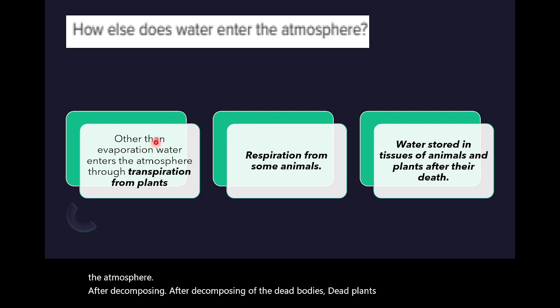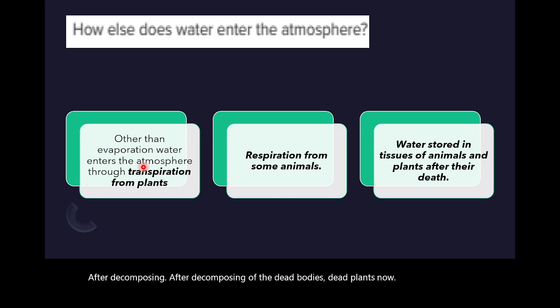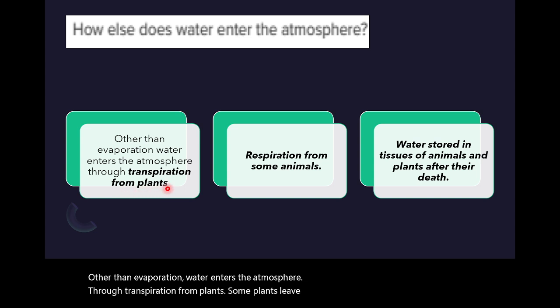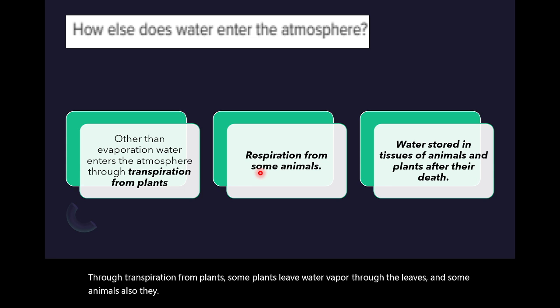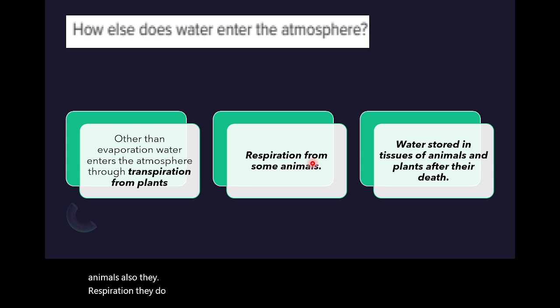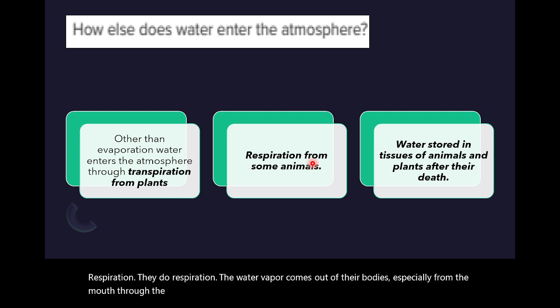Now, other than evaporation, water enters the atmosphere through transpiration from plants. Some plants release water vapor through the leaves, and some animals also do respiration. The water vapor comes out of their bodies, especially from the mouth, through the nose.